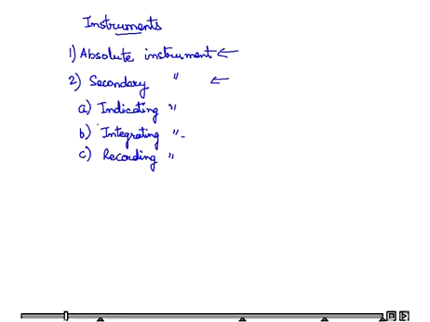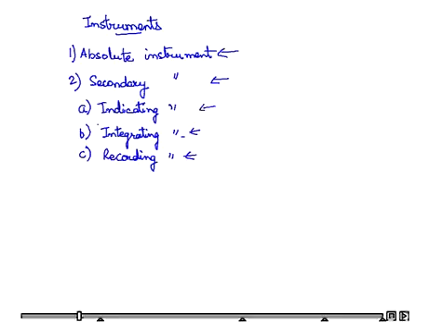Integrating instruments are those which measure total quantity of electricity or electrical energy supplied over a period of time. And recording instruments are those which keep a continuous record of the variations of magnitude of an electrical quantity to be observed over a definite period of time.